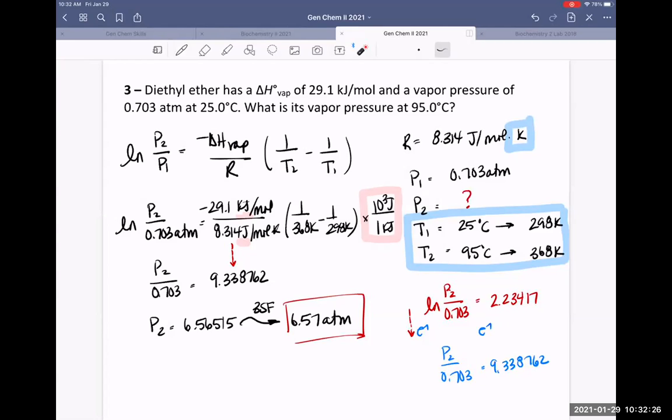Because these can't cancel right now. So I either need to convert my denominator to kilojoules or my numerator to joules. Doing this essentially converts my numerator to joules. But then those units all go away because we're going to have units of atmosphere in our answer. Does that help?